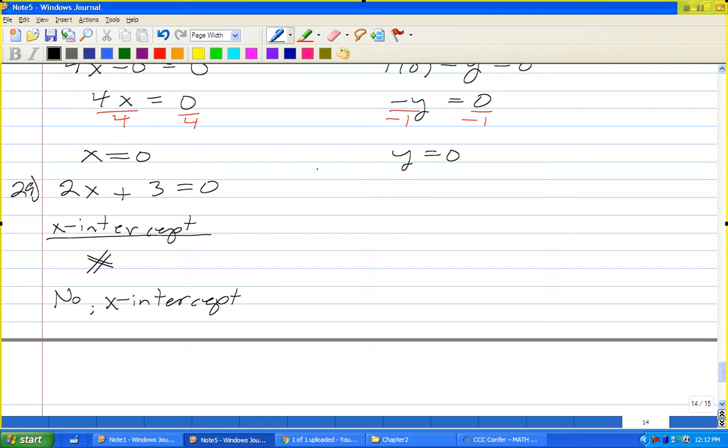Let me find the y-intercept. Set y to 0, solve for x. Set x to 0.